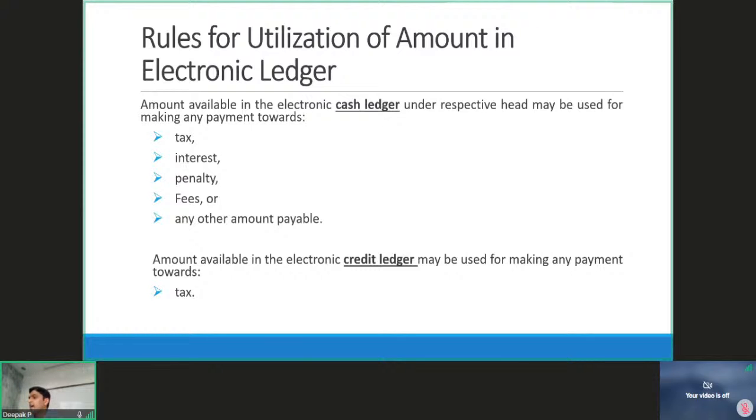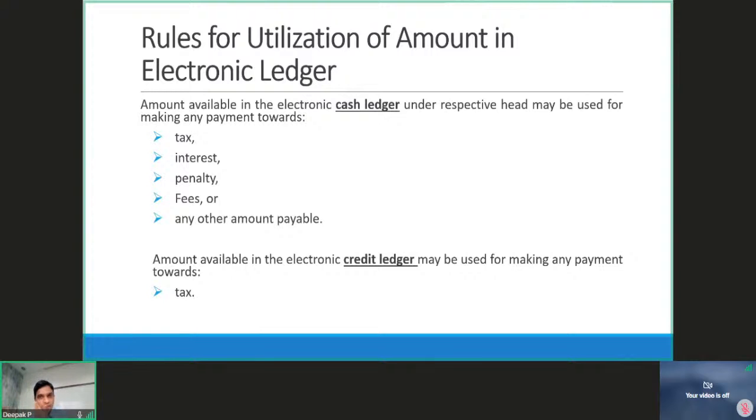Is there any limited validity period for electronic credit ledger balance? As I said, once you claim the credit, how do you claim the credit? By mentioning it in your GSTR-3B returns. Once you have mentioned it over there, it is a balance available with you for an unlimited period of time.